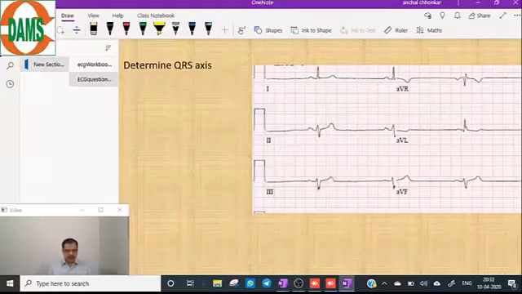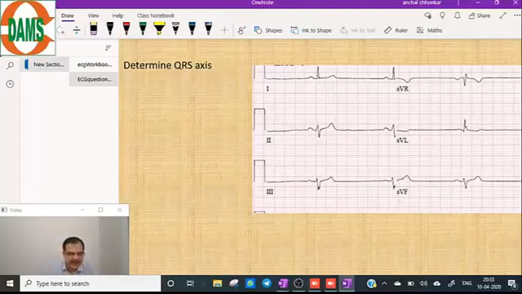All right. So look at the diagram, and what will be your answer? Determine the axis. You just have to tell me whether it is right axis, normal axis, or extreme axis deviation. Which axis deviation is this?